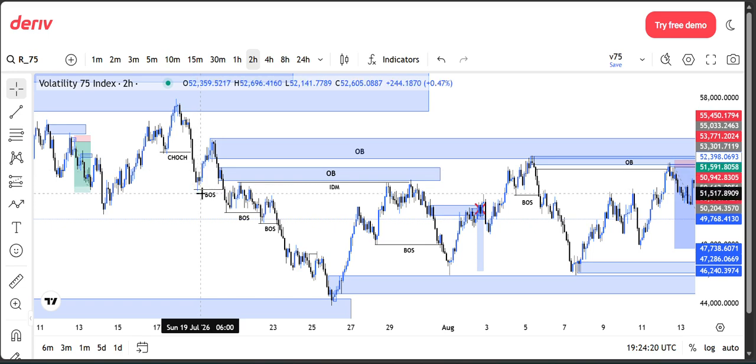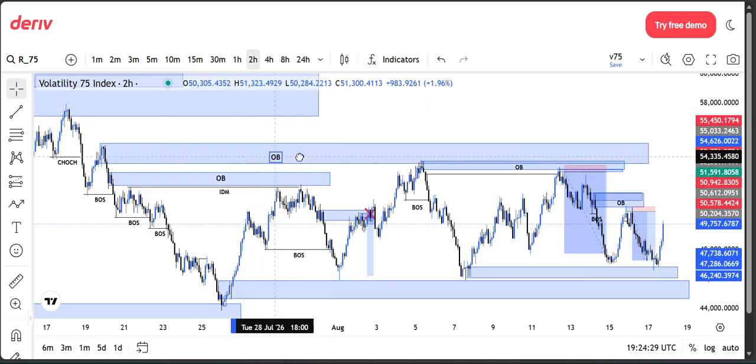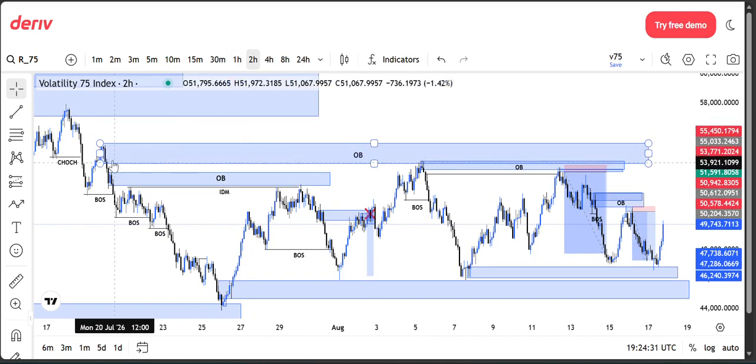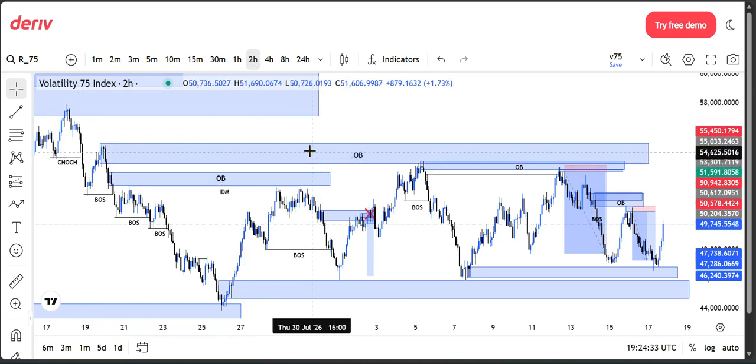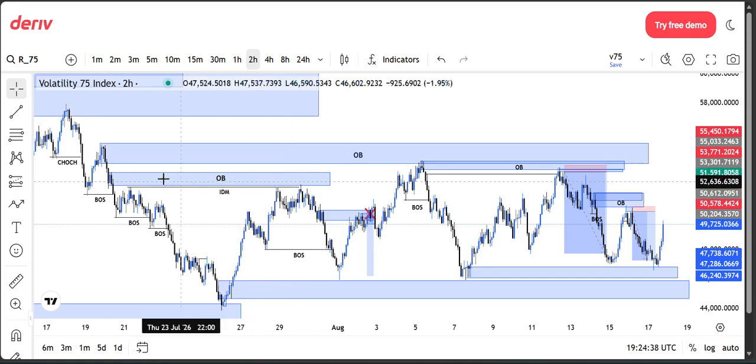Then we have a retracement, and a break of structure to the downside. Now if we watch here on this 2 hour time frame, we have this particular zone. We have this particular order block right here on the 2 hour time frame, and after this order block, we also have another zone right here.